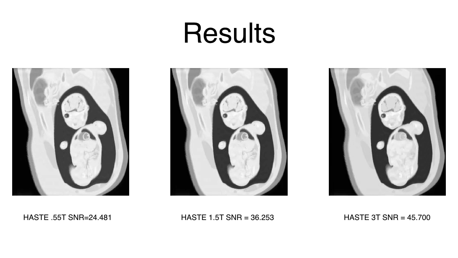We can tell from here that the SNR is proportional to the field strength. Also, if we look into the cardiac area in these 3 images, we will see that for lower field strength, it is actually clearer in the boundaries than the one in higher field strength, the one in 3 Tesla.